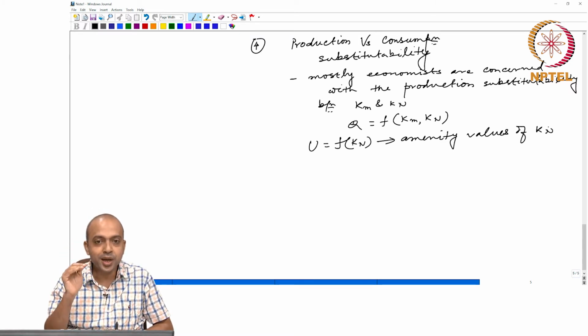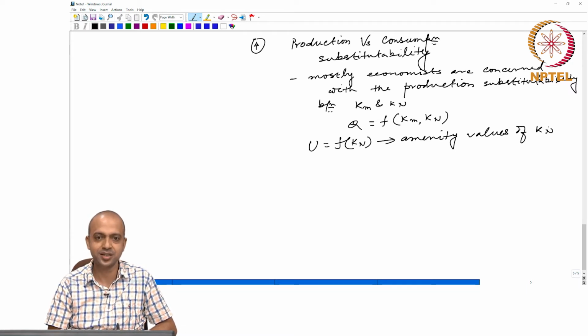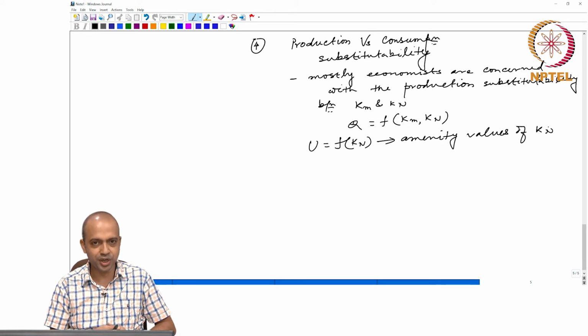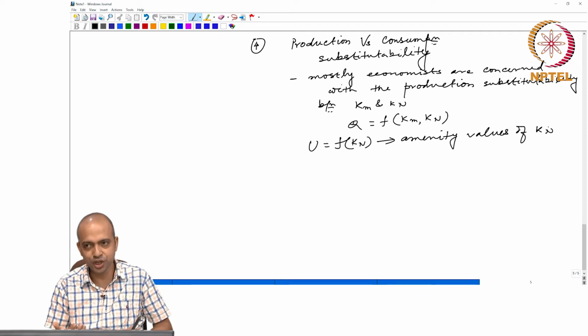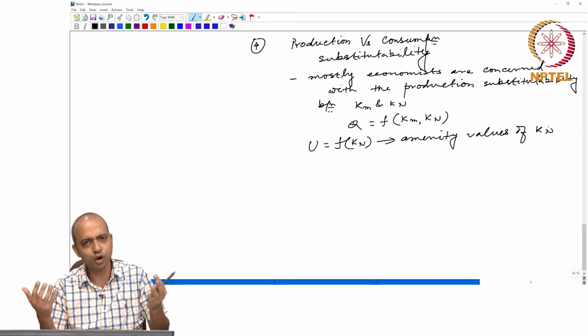Now, man-made capital can be thought of as a substitute for natural capital as far as production substitutability is concerned, but man-made capital cannot be considered a substitute to provide amenity value. We can always construct a bridge, or a multi-storied building in a place where there is a wetland, but that wetland, river, water body, or hilly region gives a lot of other satisfaction.